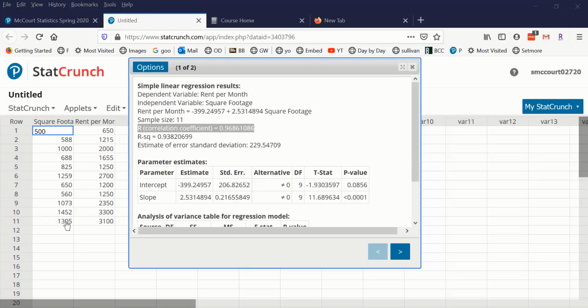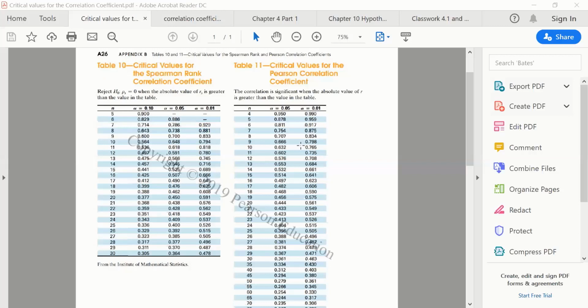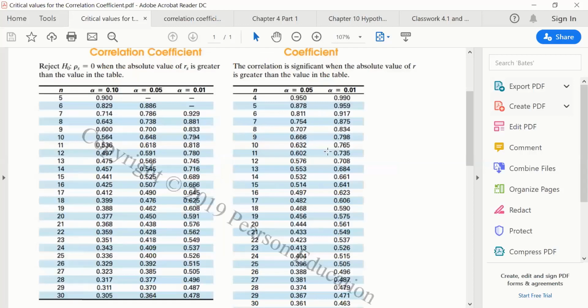And my sample size is 11, which I see right here. So looking here, my number is 0.602 for 11. So that's right here. Since my R is greater than 0.602, the correlation is significant.